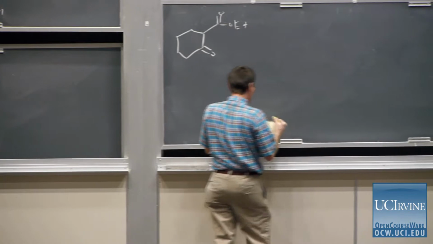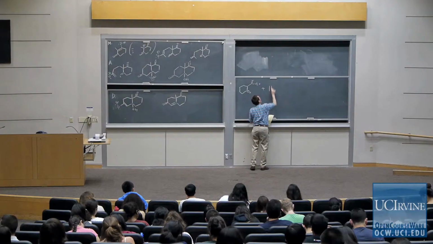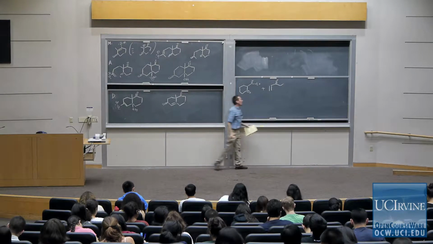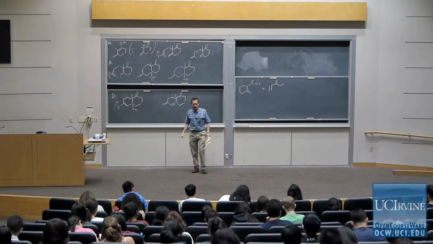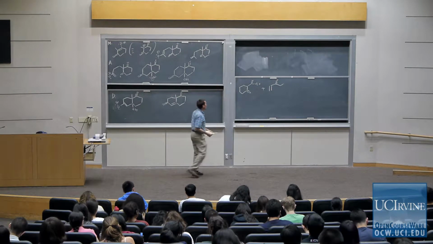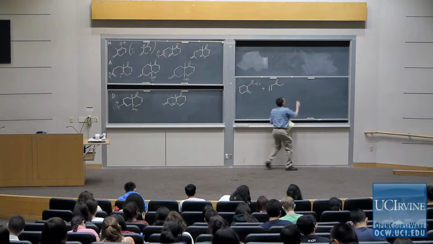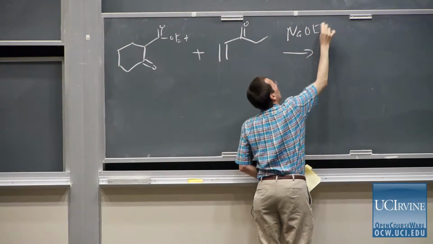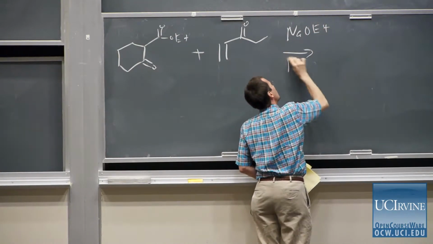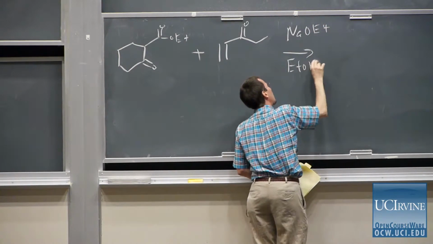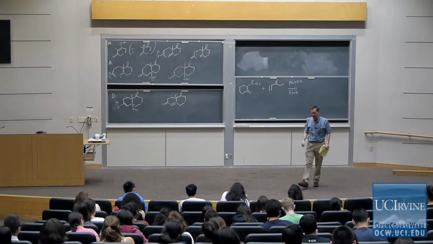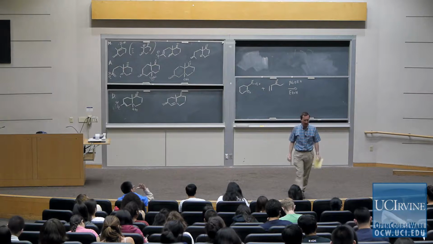And what I want us to see is a Robinson annulation with a slightly different ketone, to get a little faster and a little better at thinking our way through this reaction. So I'm going to start by drawing the Robinson annulation product. Now, in this case, I am choosing specifically not to use sodium hydroxide. Why don't I want to use sodium hydroxide?